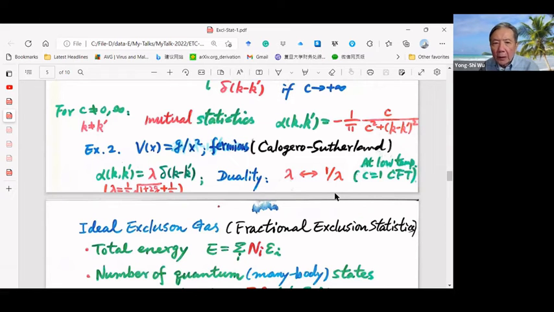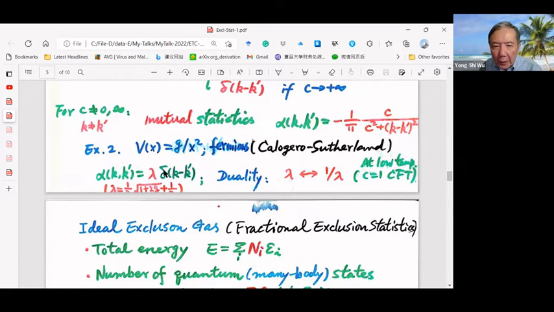Similarly, we can consider the so-called Calogero-Sutherland model for fermions, and the pair interaction between fermions is given by a coupling constant g divided by distance squared.